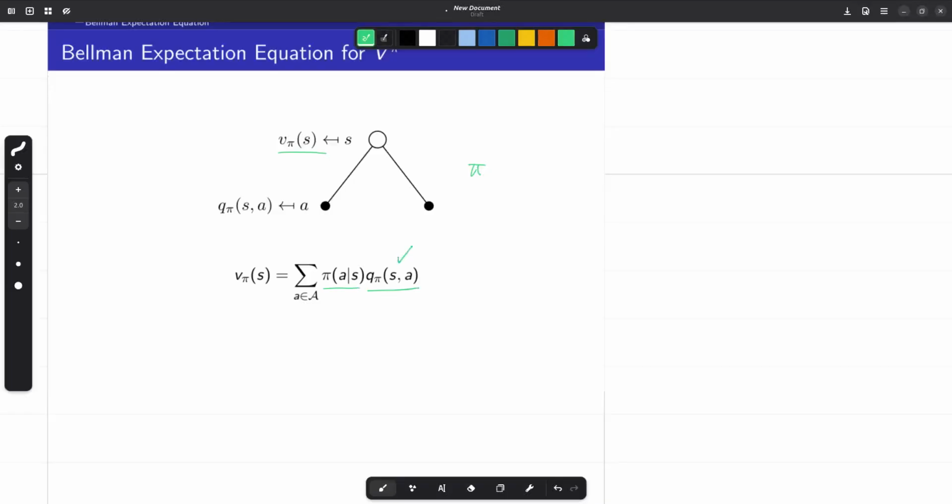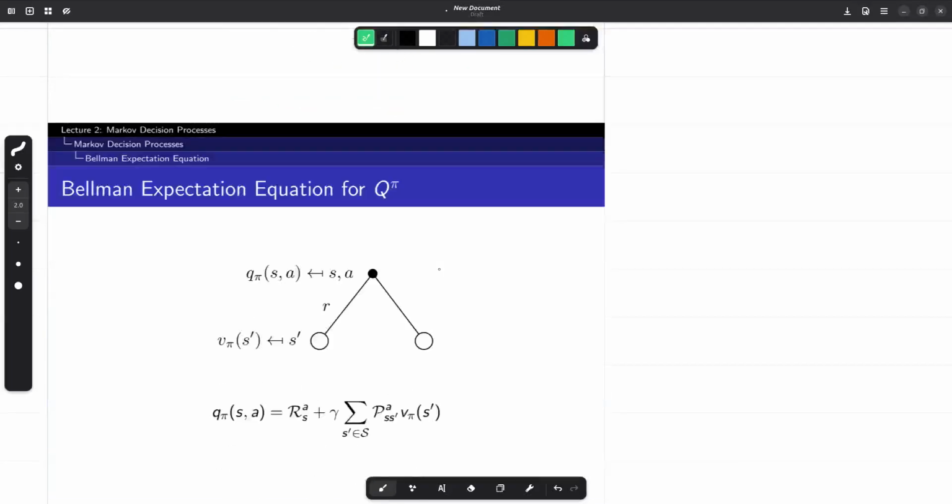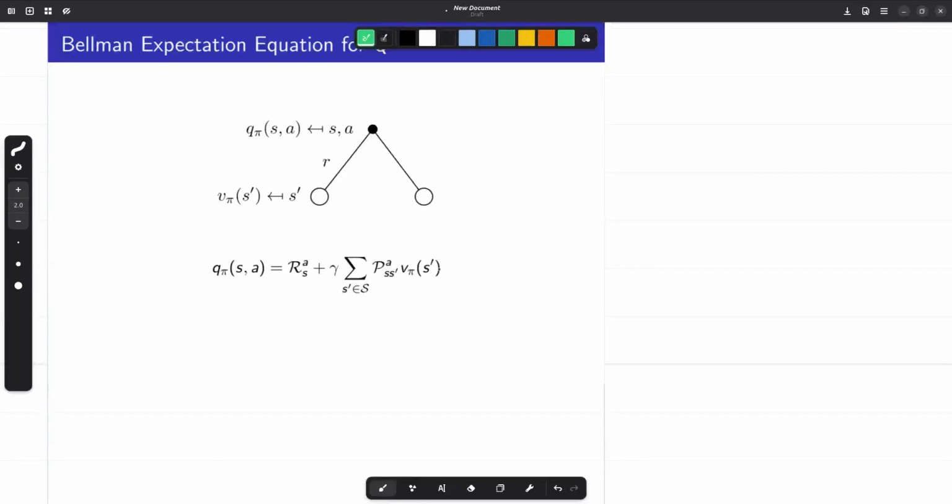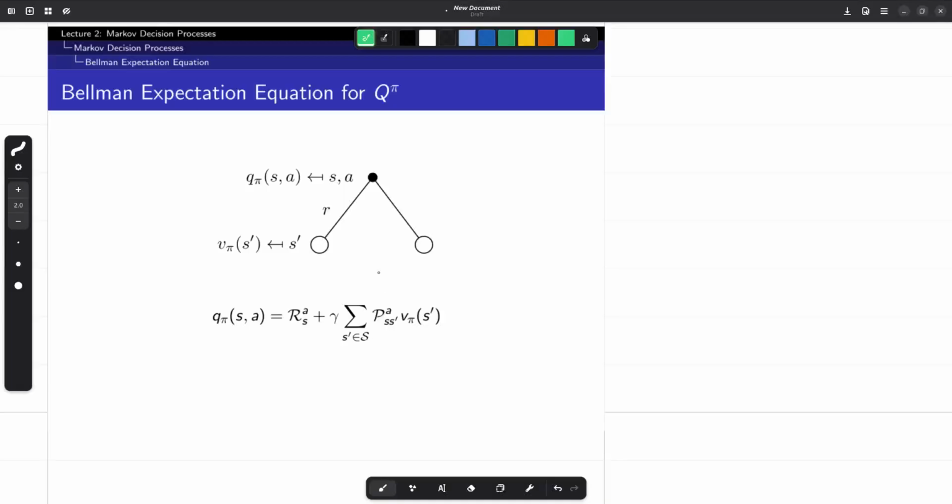If we had the value of each action, in order to find the value of that state, it would be the expectation of those action values. In other words, we have to multiply the probability of choosing each action by the value of that action that has been calculated.